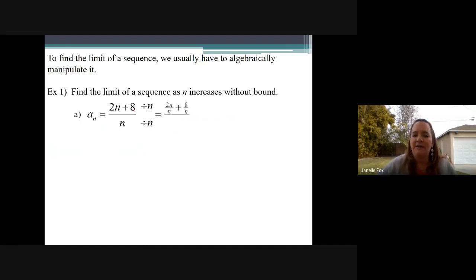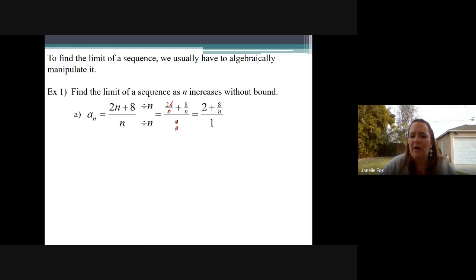So the top is going to become 2n over n plus 8 over n, and then over n over n. Now, a lot of that cleans up super nice. The first one's going to just be a 2 because the n's cancel each other. This 8 over n is going to stay an 8 over n, and then these n's are going to cancel with each other, and you get a 1 on the bottom.